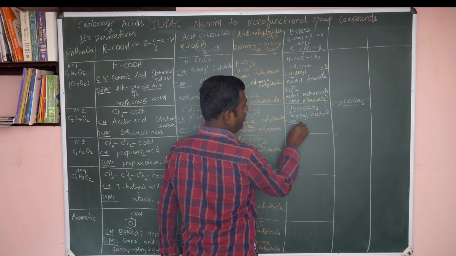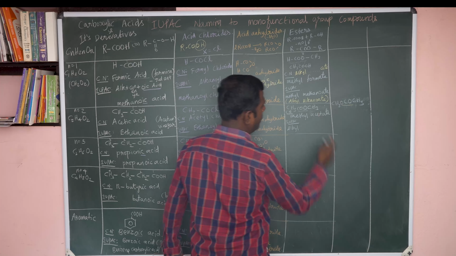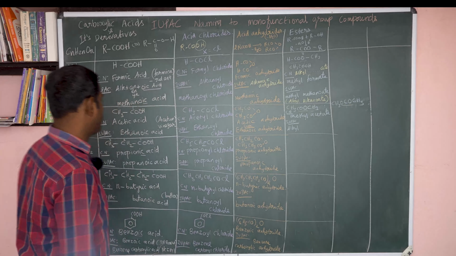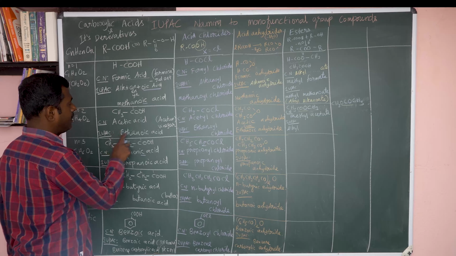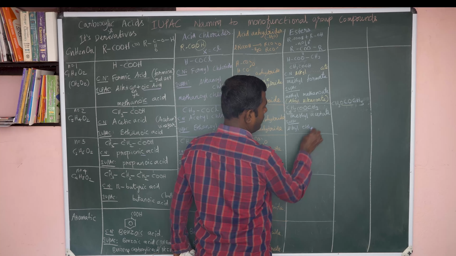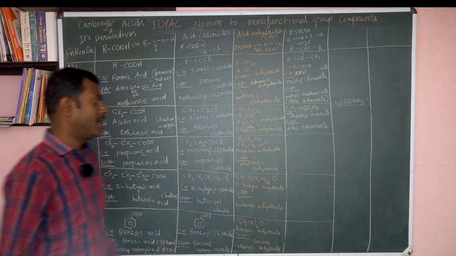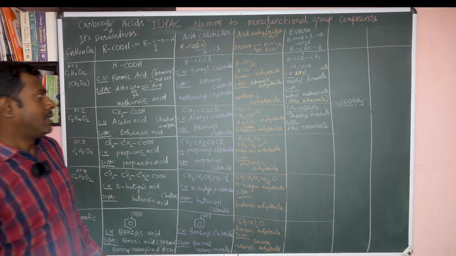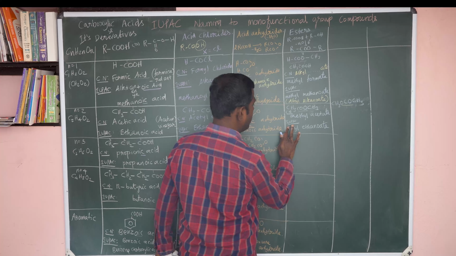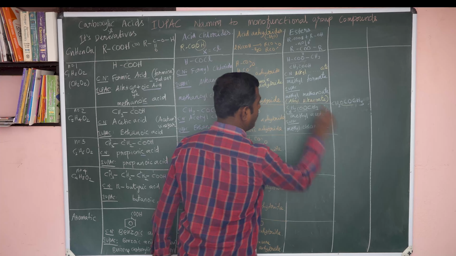In the IUPAC name, the alkyl part from the alcohol is written as such, and only the IUPAC name of the acid is given. So for acetic, ethanoic; here acetate, so ethanoate. So the IUPAC name of methyl acetate is methyl ethanoate.